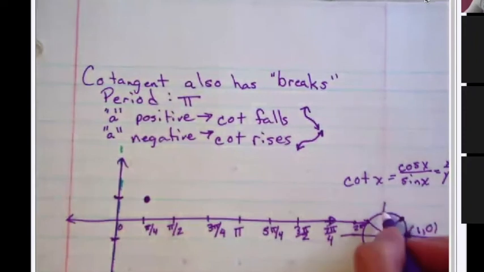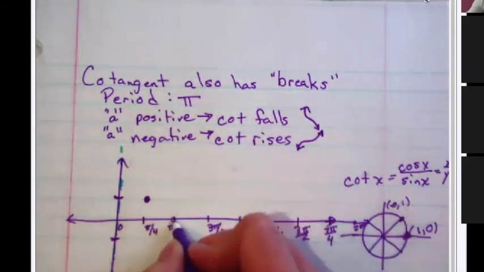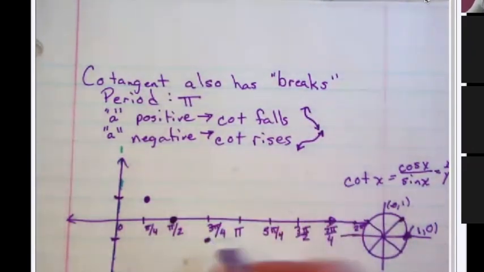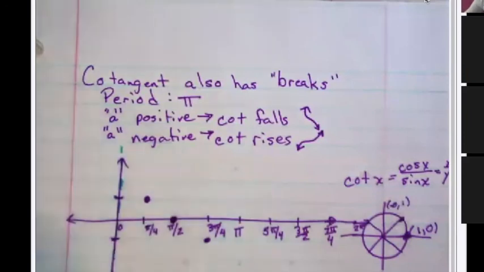If we move on around, this is 0, 1. So if we do x over y here, we end up at 0. And then negative root 2 over 2 over root 2 over 2 is a negative 1. And then over here, we've got 0 over -1, which is undefined again.